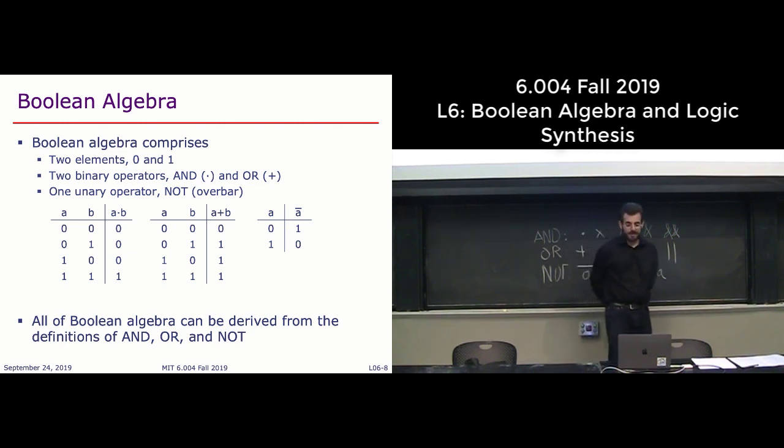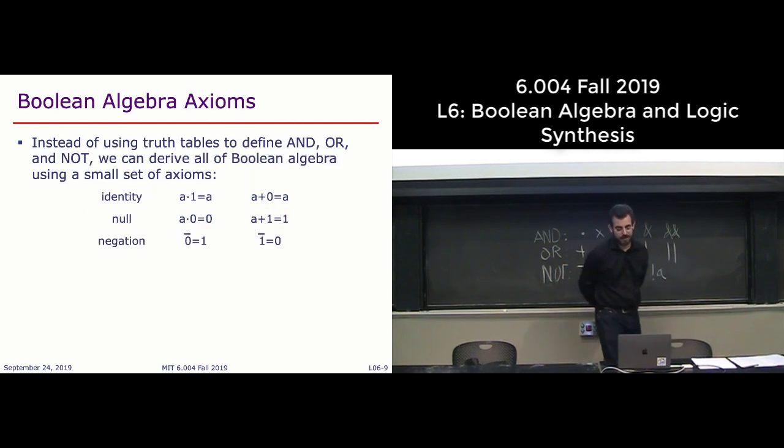However, if you ask mathematicians, they don't like truth tables. They actually prefer to express or formally define Boolean algebra using axioms. And so instead of having these truth tables, basically there are these three axioms that say there is an identity element for both and or. So essentially 1 is the identity element of and, and 0 is the identity for or.